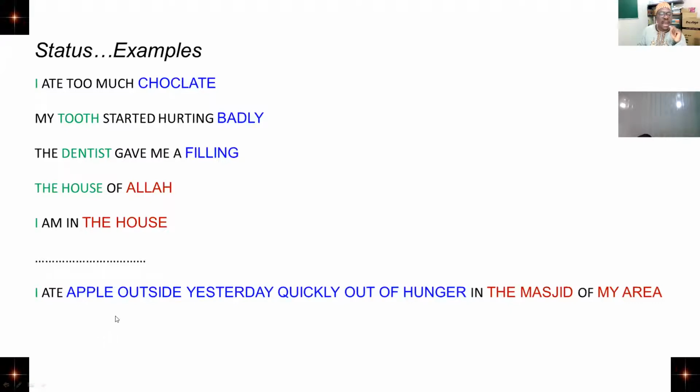Again, I ate apple outside yesterday quickly out of hunger in the masjid of my area. Now look at this. I am the doer. So I'm in Rafa status, right? Rafa, because I am doing this eating. I ate. What did I eat? An apple. Where did I eat?